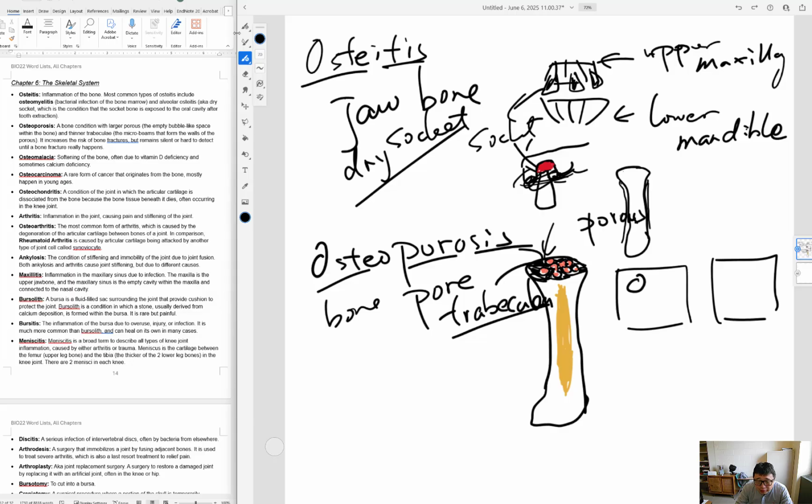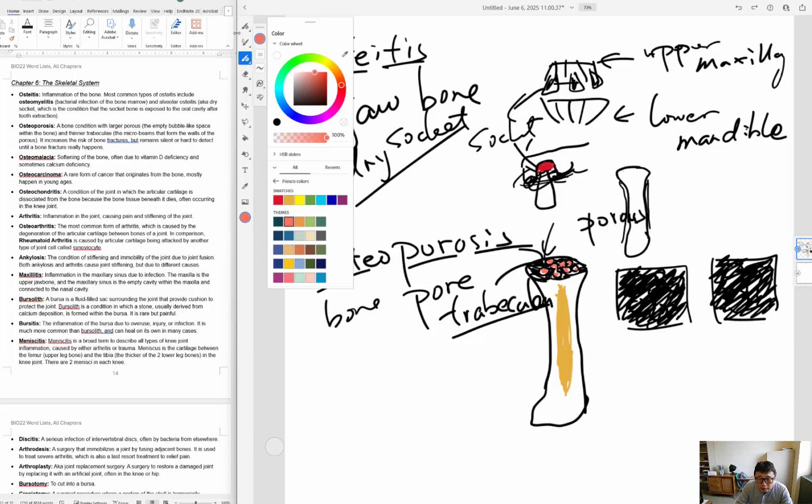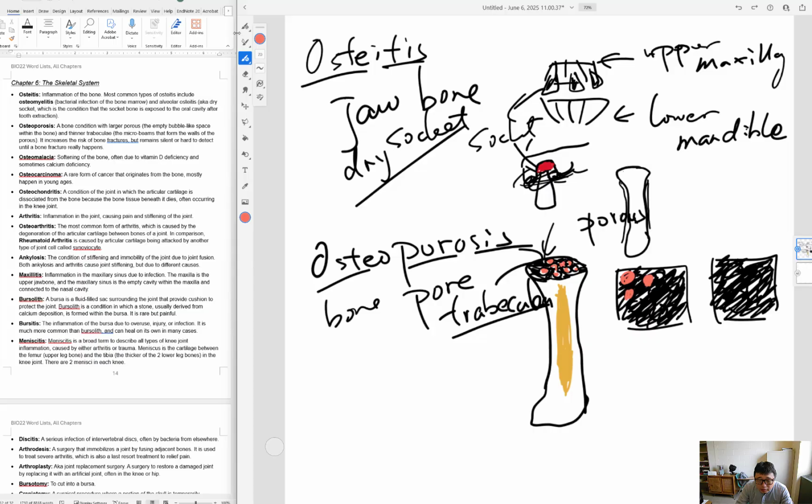So let's compare. In one case, you have a smaller pore and a thicker trabeculae.